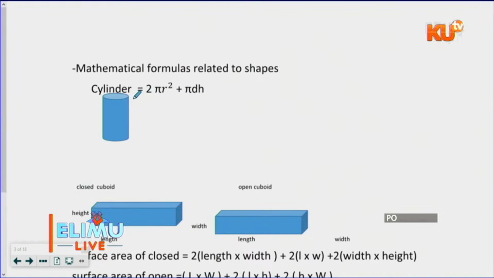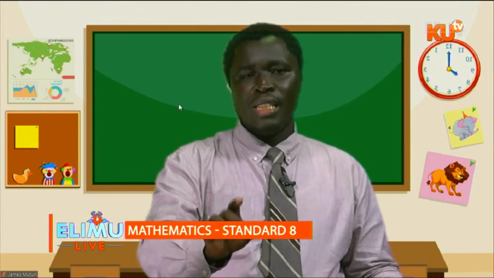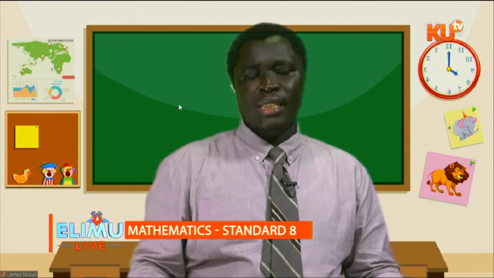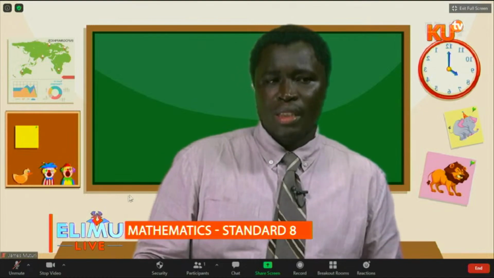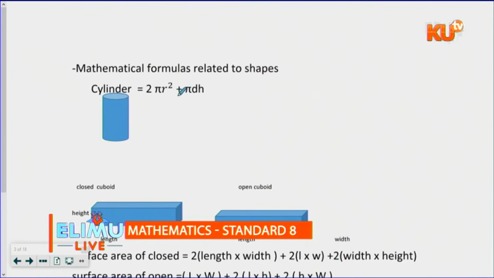And what is the formula for circumference? It is pi d. So in this case, we'll take pi d and multiply by h.